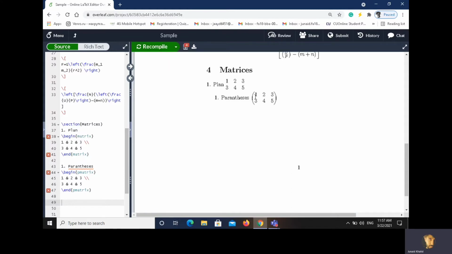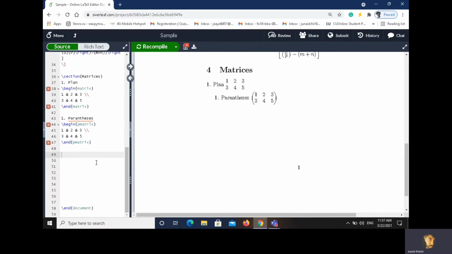So here it is, parenthesis matrix 1 2 3 3 4 5. In the same way we are going to write another, that is number 2, and let's compile.